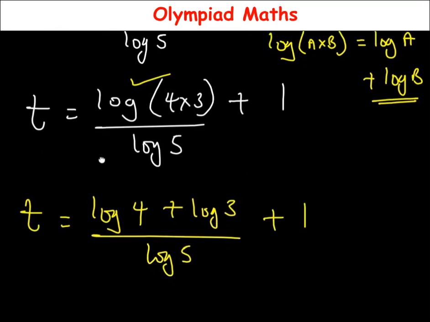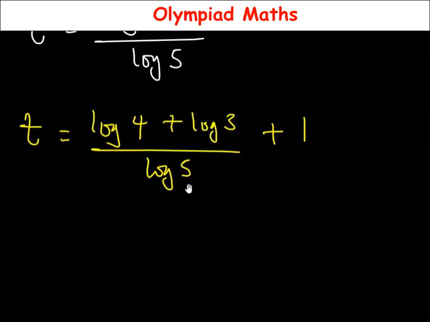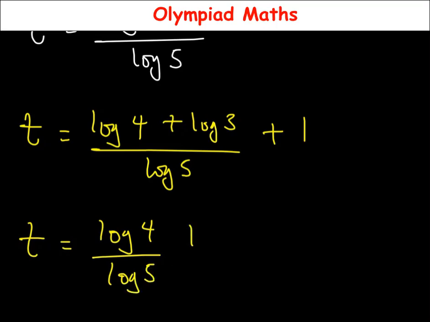So from here, if we are to split the denominator, the value of t is then equal to logarithm of 4 over logarithm of 5, then plus log 3 over log 5, then plus 1.